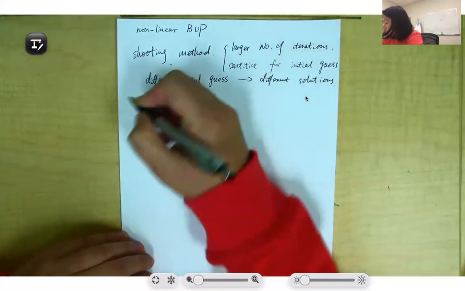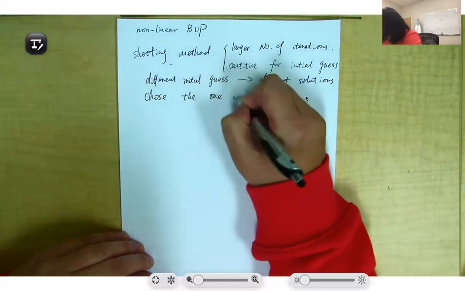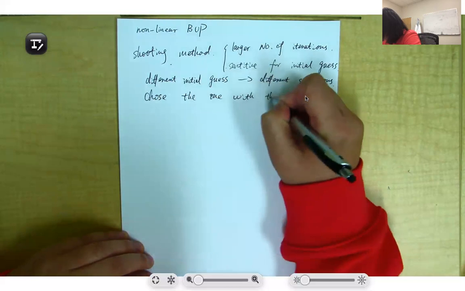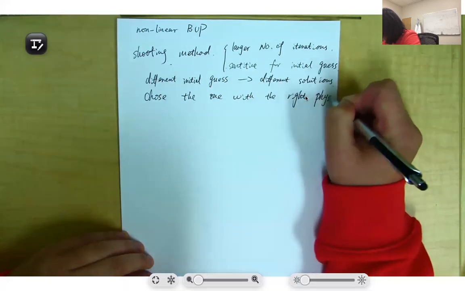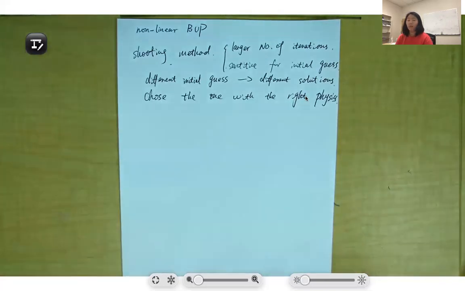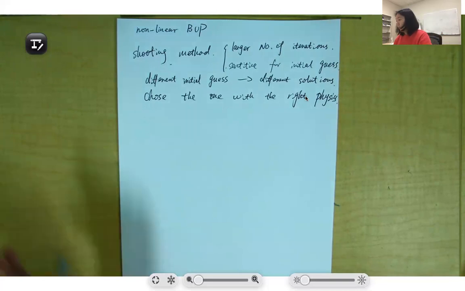So you will choose the one with the right physics. Okay, so for nonlinear BVP, it may have different solutions, and based on different initial guesses, you can have x in a negative range or positive range. You will get different solutions. You will choose the one based on your physical models with the right physics.